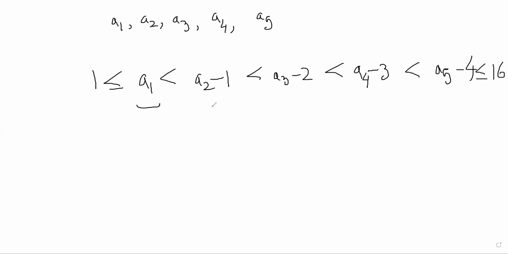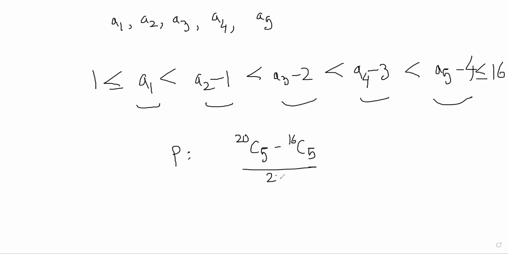And now we call these B's and we select B's in these ways. Any selection of B will make the A's themselves non-consecutive, right? So this is an interesting way to handle problems like this. The final required answer is basically 20C5 minus 16C5 divided by 20C5, which is 232 by 323.